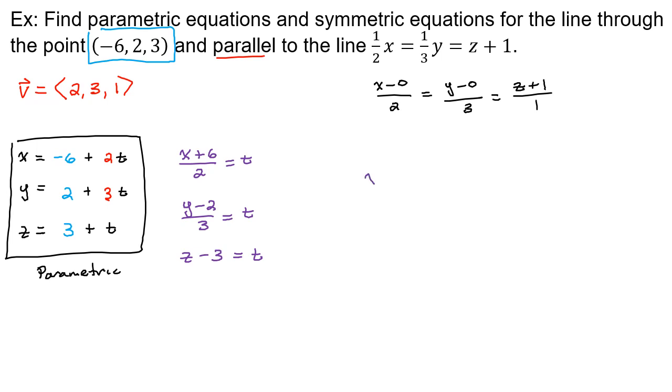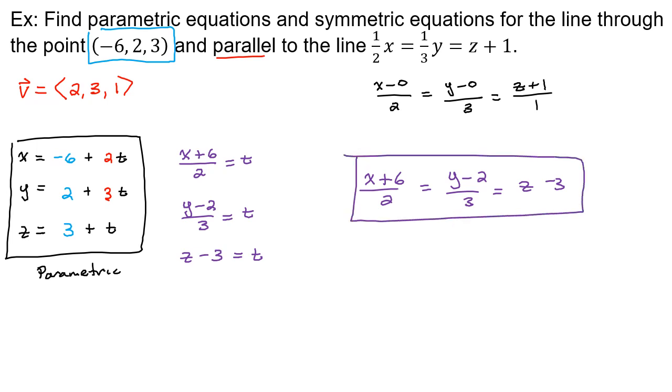So I would have (x plus 6) over 2 equals (y minus 2) over 3, which equals z minus 3. These are your symmetric equations. Notice that it has the same format as the line that I started with. It's an x plus a number over 2, a y plus or minus a number over 3, and z with a number. It's the same format because you have the same vector on the bottom, the 2, the 3, and the 1.